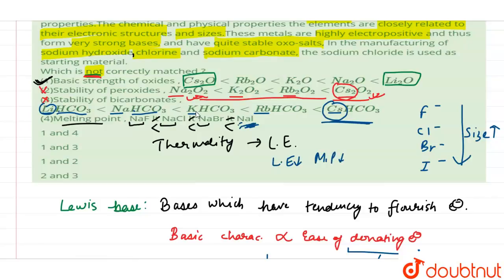Therefore in this case NaI should have the lowest melting point, whereas NaF should have the highest melting point. However, in the option it's given just opposite. Therefore this will be our answer. So option 1 and option 4 are not correctly matched. So this will be our answer.